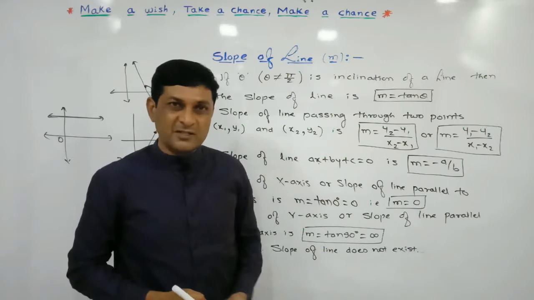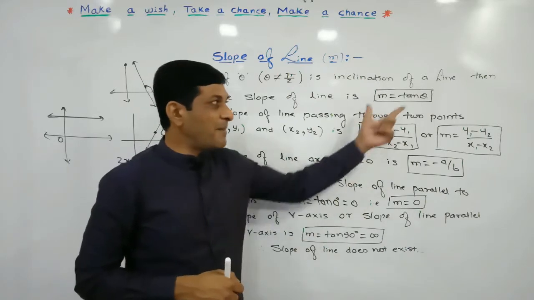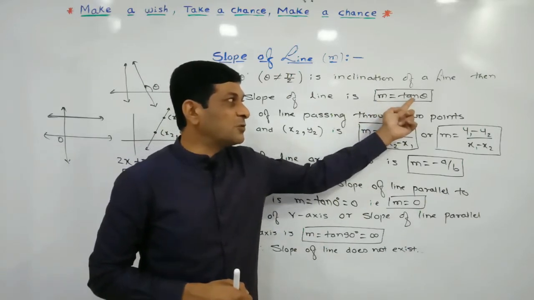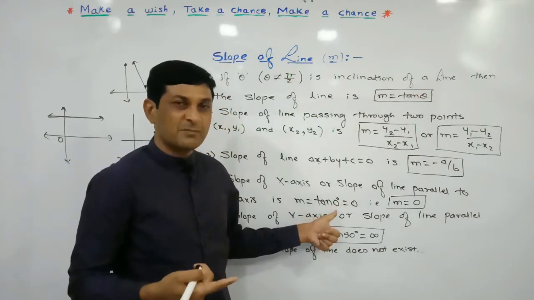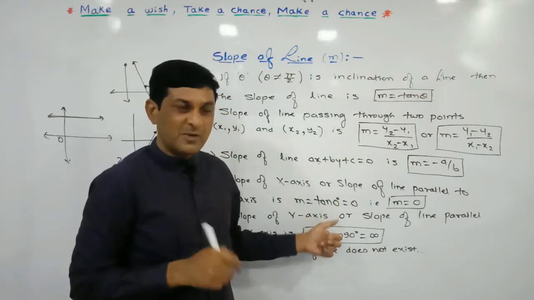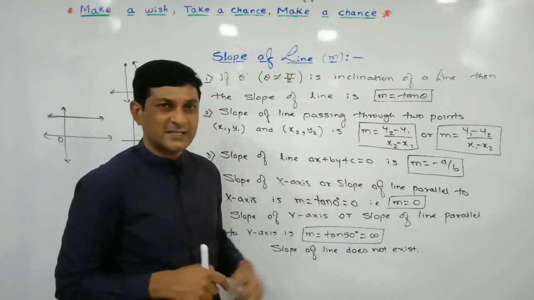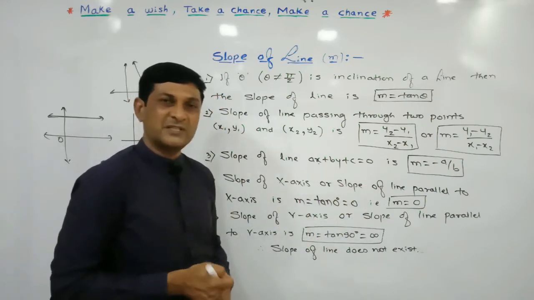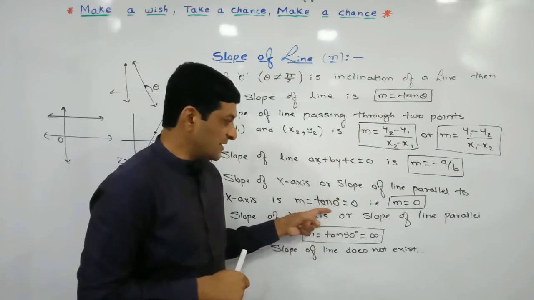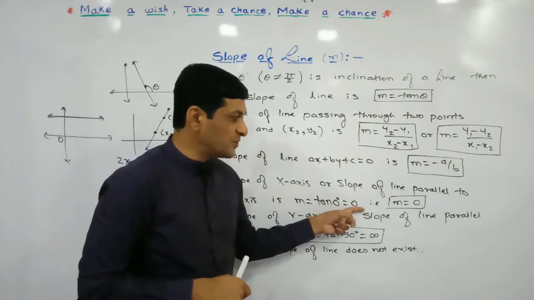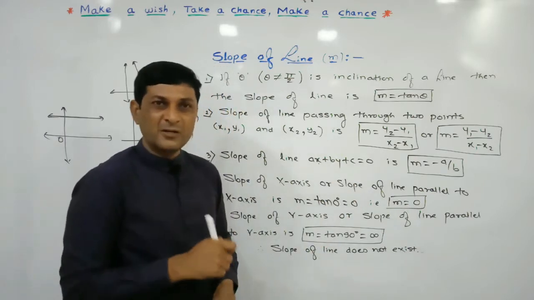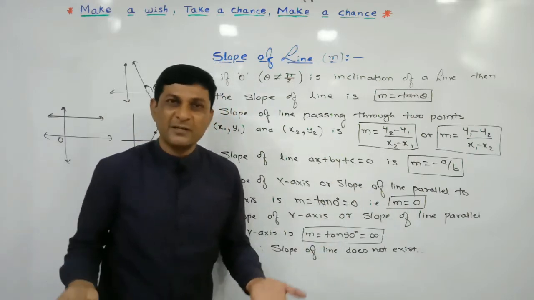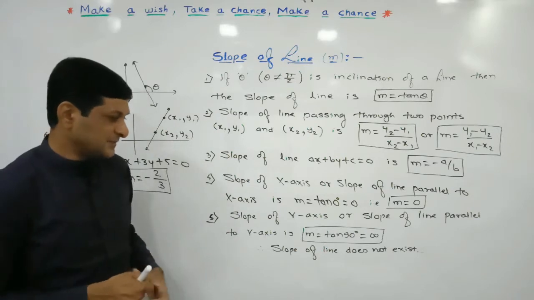If the inclination is 0, we apply the formula m = tan theta, but theta is 0 degrees here, because the x-axis makes an angle of 0 degrees with itself, or if a line is parallel to the x-axis, the angle made by the line with the x-axis is 0. So tan 0 equals 0, which means the slope of the line is 0 if the line is parallel to the x-axis, or the slope of the x-axis.